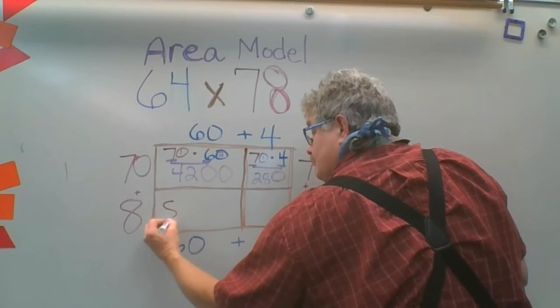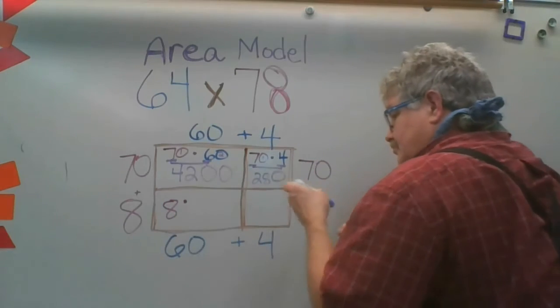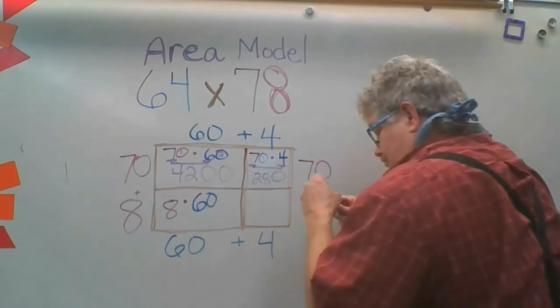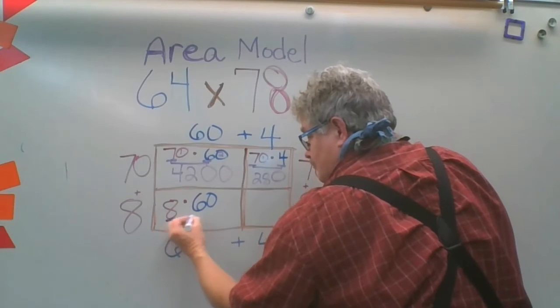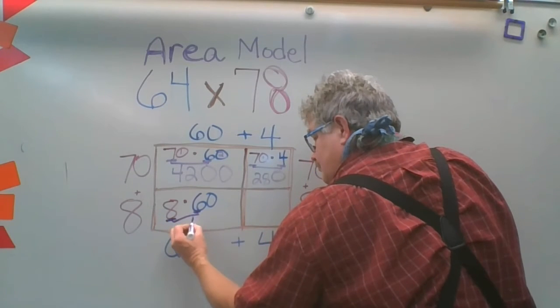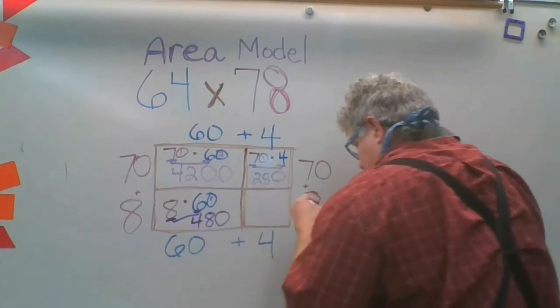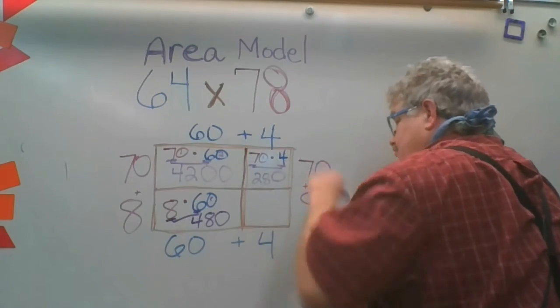Same thing down here. We have 60 times 8. 8 times 60. 8 times 6 is my math fact, 48. Then 1 zero. And last but certainly not least, 8 times 4.